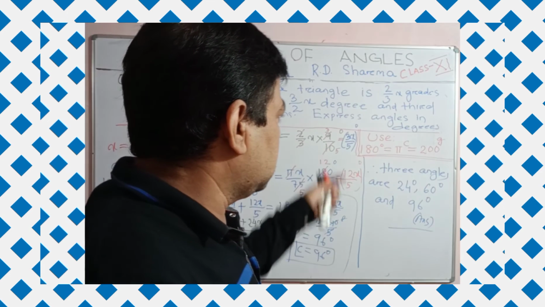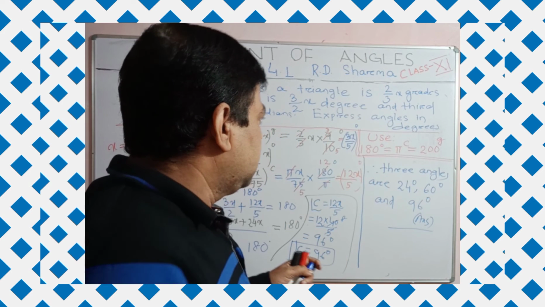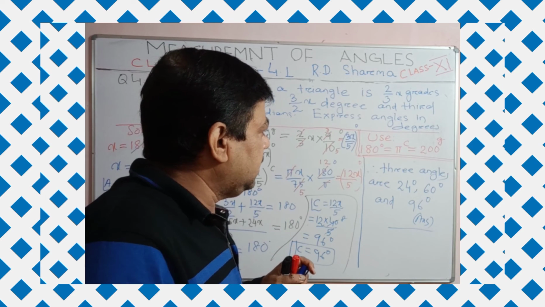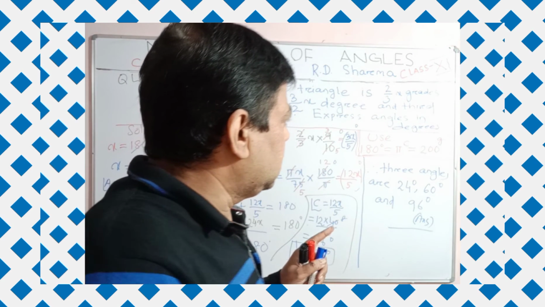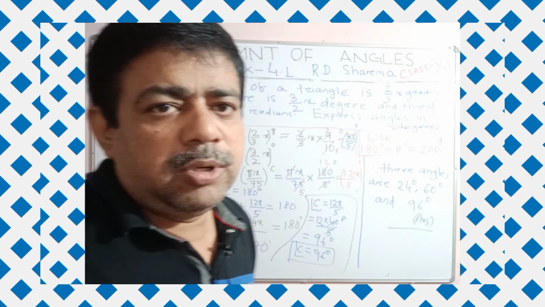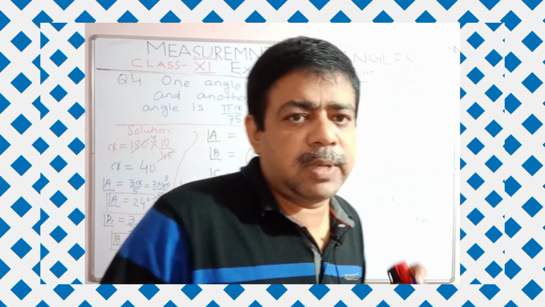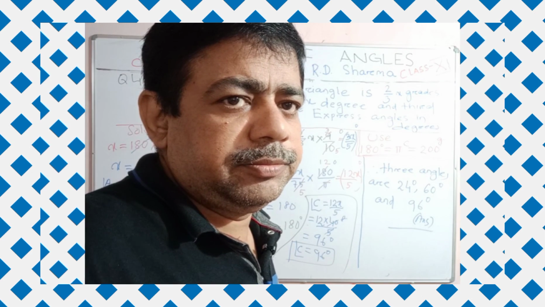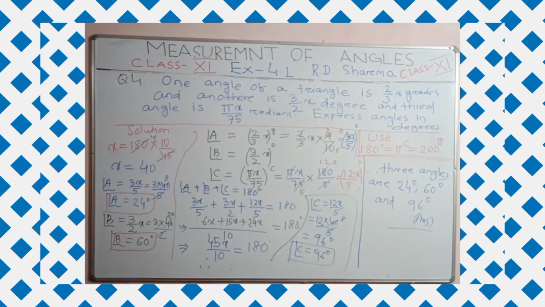Remember this concept. 180 degree is equal to pi radian is equal to 200 grades, and this relationship is always useful during the conversion of one system of angles into another system. Okay, is it clear, all of you? So note down this one.